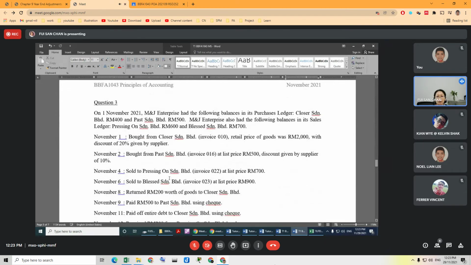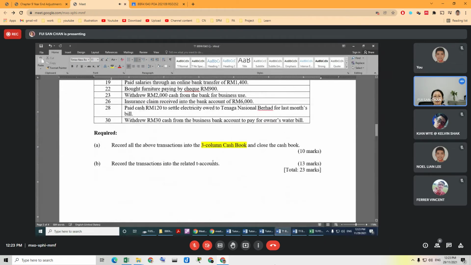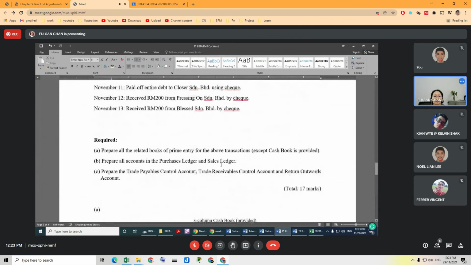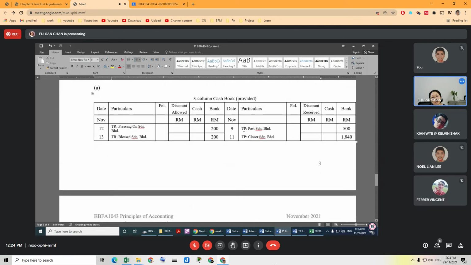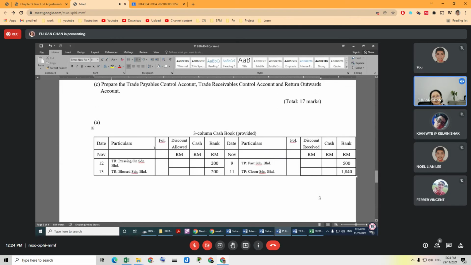Right, now this one, question 3. Question 3 is, what do they ask you to do? They ask you to prepare all the related books of prime entry. Okay, except the cash book, which is provided. Do we need to do the 3-column thing? The table there? That one don't need, right? The question already gave you this one, but no need.